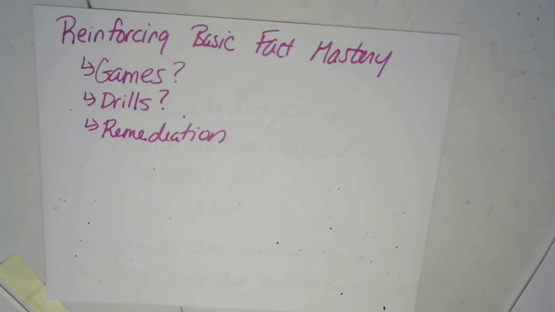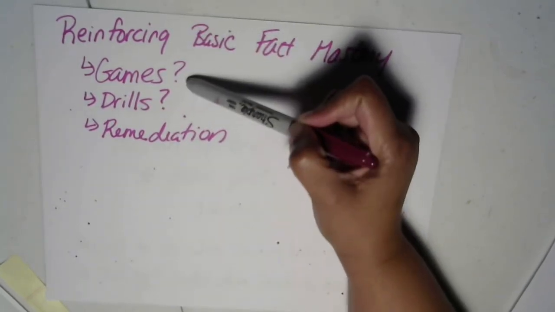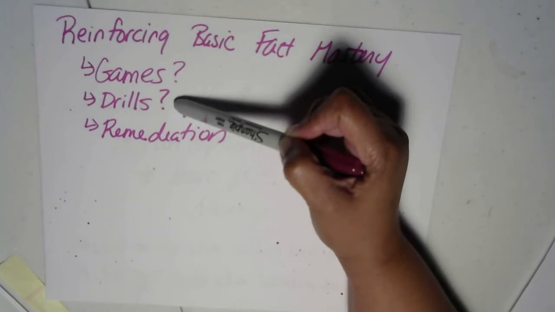Repeated experience with reasoning strategies is effective in committing facts to memory. Memorization is not. Therefore, games or activities that focus on reasoning strategies are more effective than drilling with flashcards and are more palatable for students.